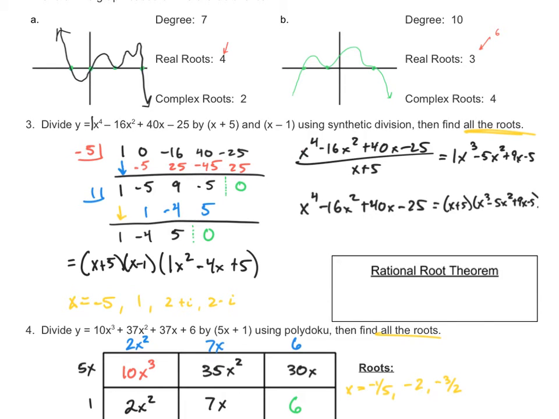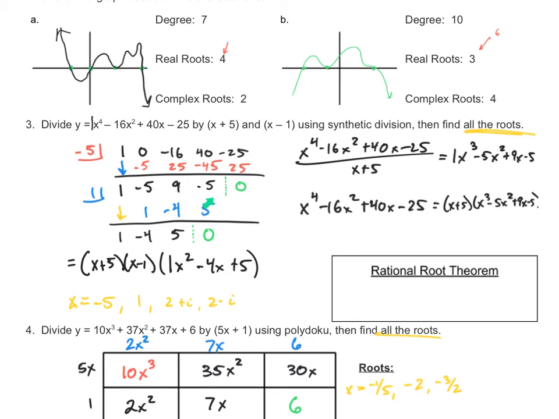If you do your synthetic division, you list your coefficients, you drop down, multiply and add all the way through, and you see that you get a 0. That's good, and that's what this statement over here says. If you divide this original polynomial by x plus 5, you end up with this cubic polynomial. And you can go again. You've got another factor that you know, so we know that 1 can be factored out of that.